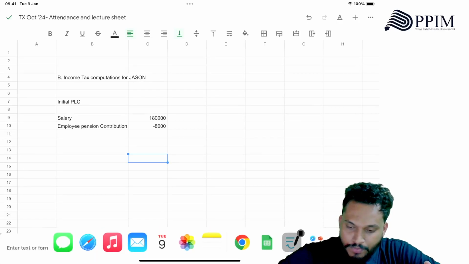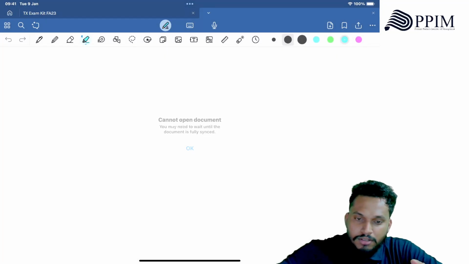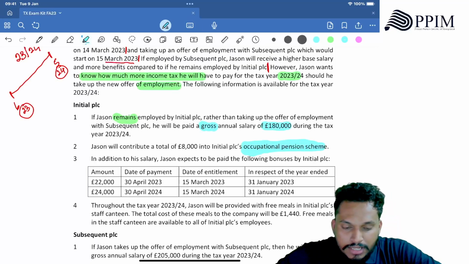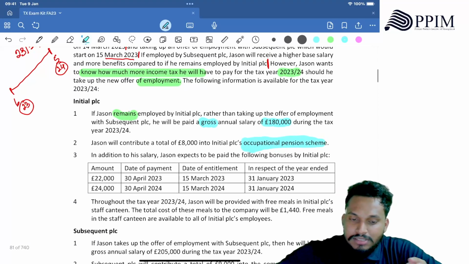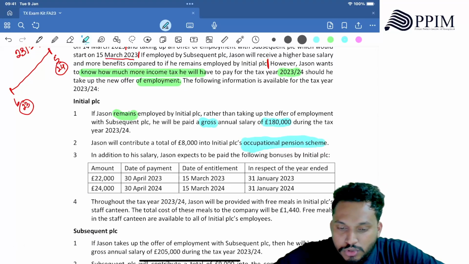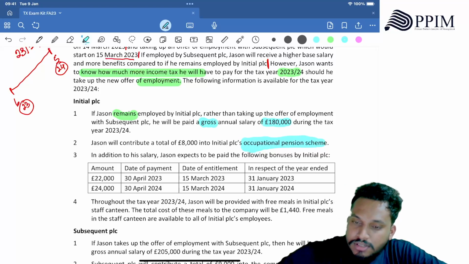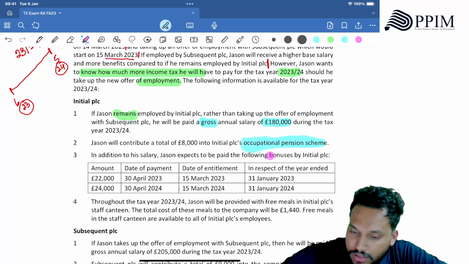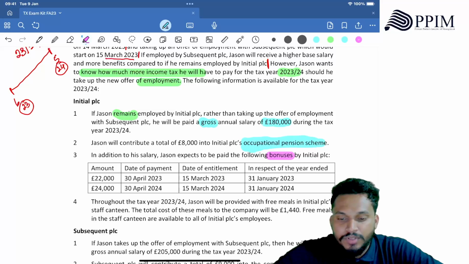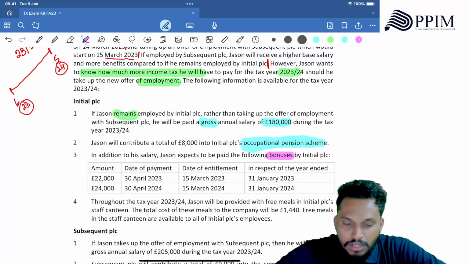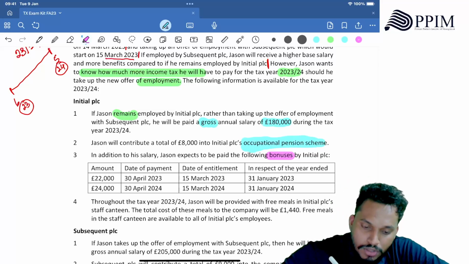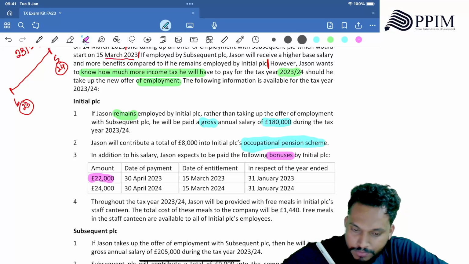Then, going back. Then, in addition to his salary, Jason expects to be paid the following bonuses. Okay. You asked bonuses, right? So now bonus is also there. Additional bonuses. And you are expecting to receive 22,000 pounds.